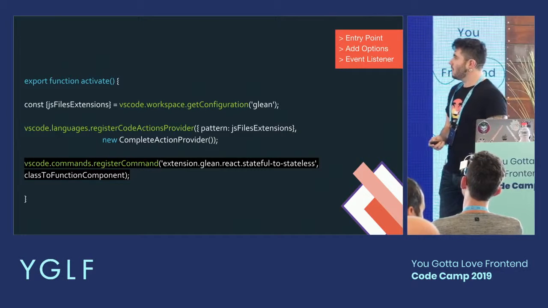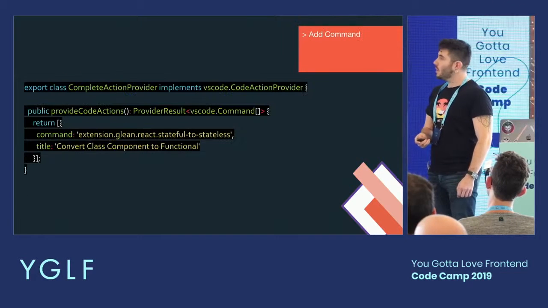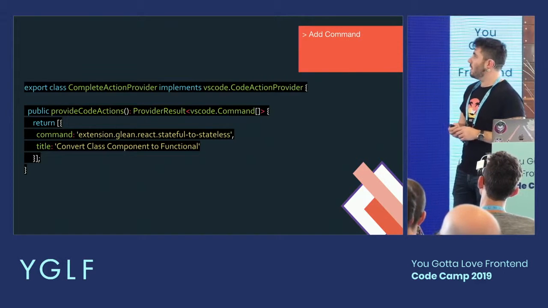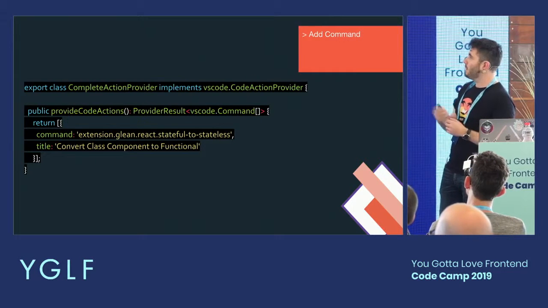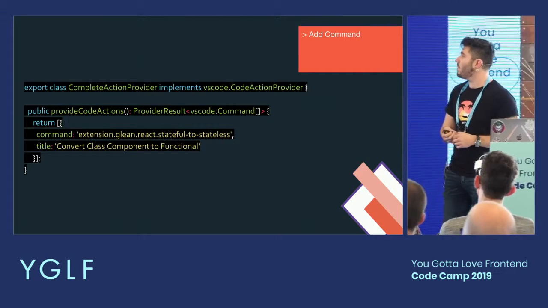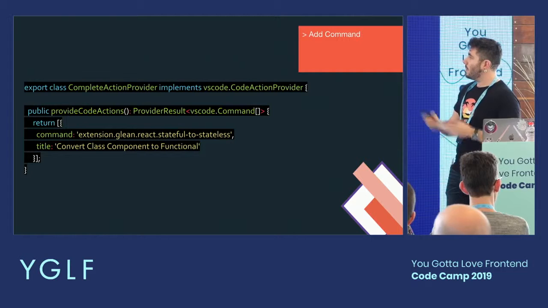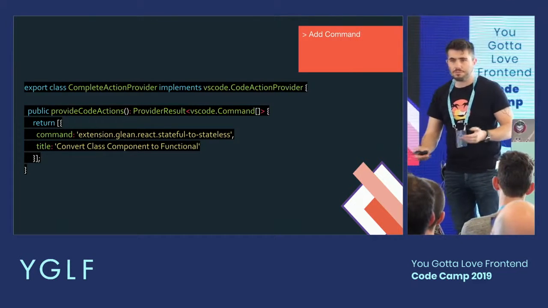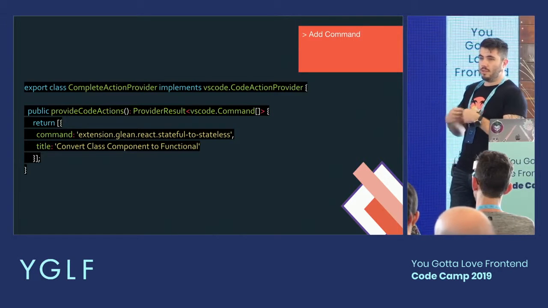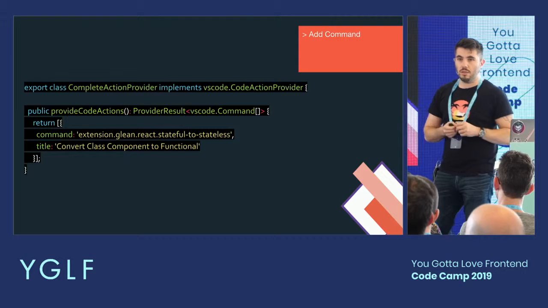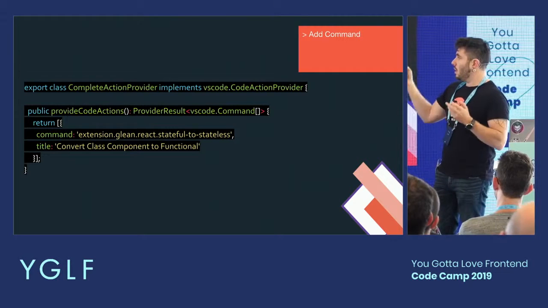So now let's have a closer look at the code action provider. The code action provider is a simple JavaScript class that optionally implements an interface, again provided to us by the VS Code library, if you're using TypeScript. It has a single method that returns a list of options we would like to add to the code actions menu.